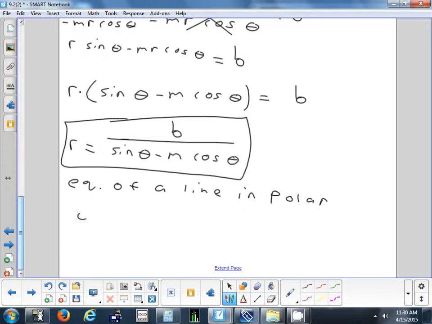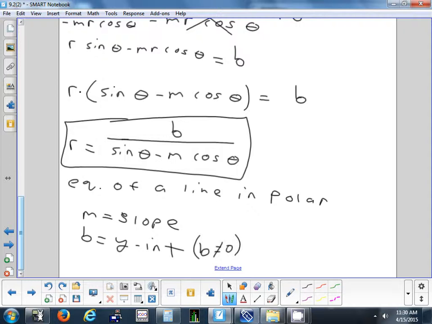Actually, let's write it like this. m is your slope, and b is your y-intercept. Now you have to be careful. You can't graph this using the case b equals 0.